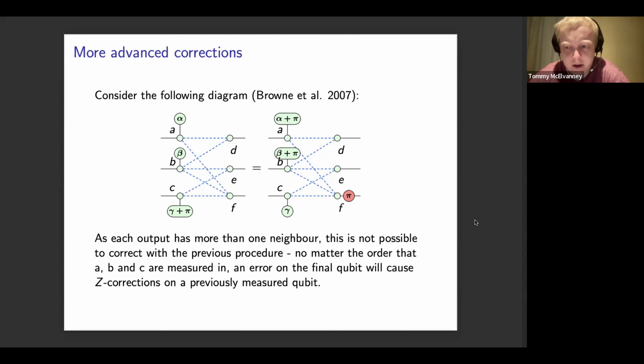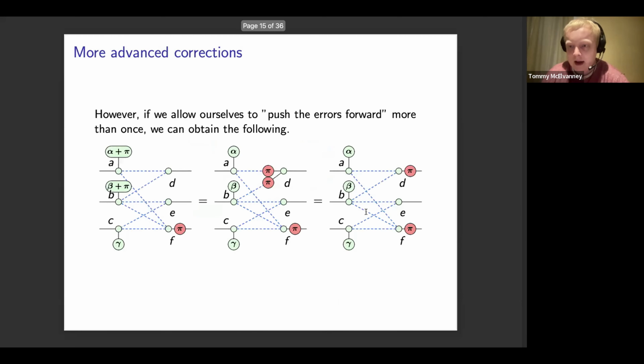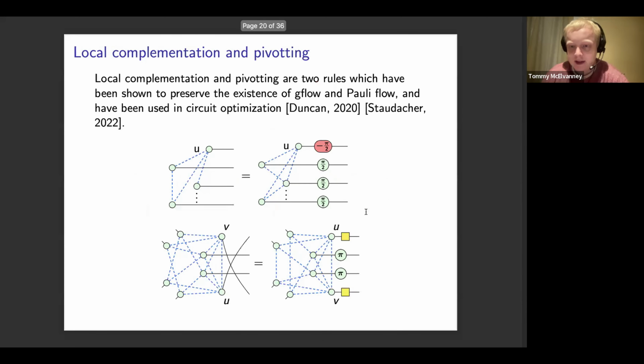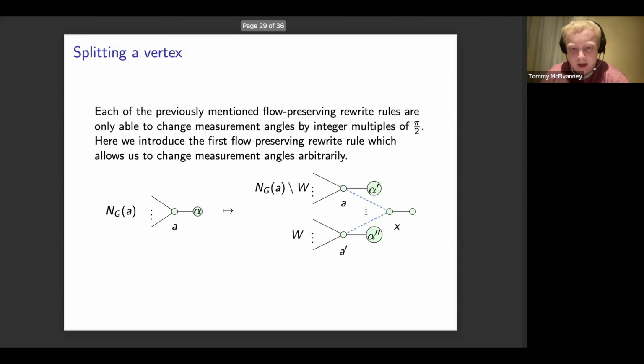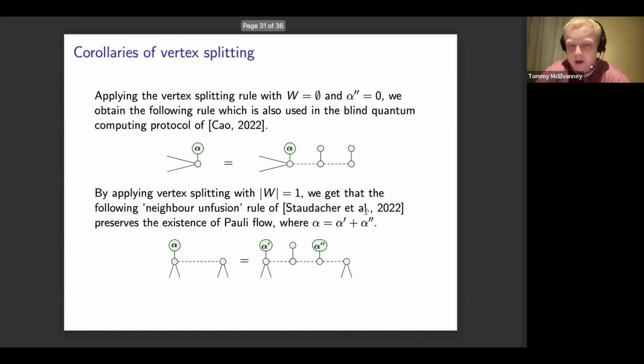And so I had talked about potentially just finding a gflow at the start, before you do any of these neighbor unfusions, because at first everything will be just XY measured vertices. Before we've introduced this X measured vertex, everything is arbitrary planar measurements.